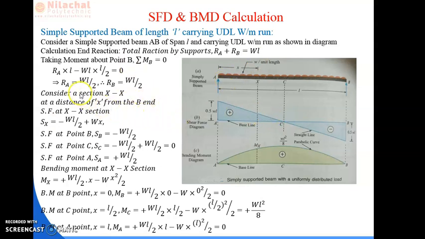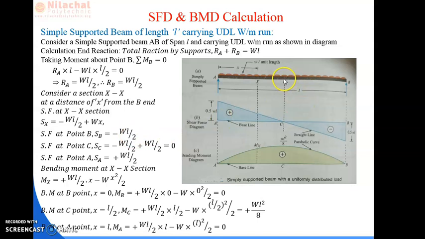So after getting the values of Ra and Rb, we will go for calculation of the shear force and bending moment diagram. For the shear force diagram, we have to calculate the shear force at B point and A point. We have seen that at B point there is a reaction force Rb whose value is WL by 2, and it is upward. So we are taking negative, so minus WL by 2.